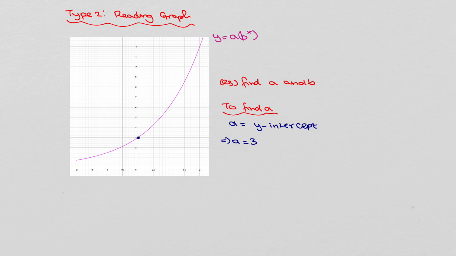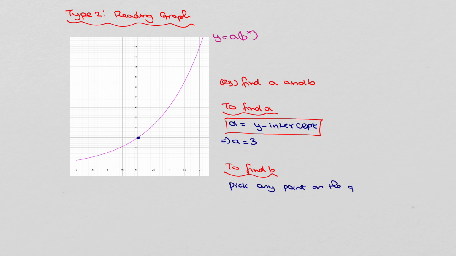Then we have to find b. To find b, we choose a point from the graph and sub it into y equals a b to the x and solve.